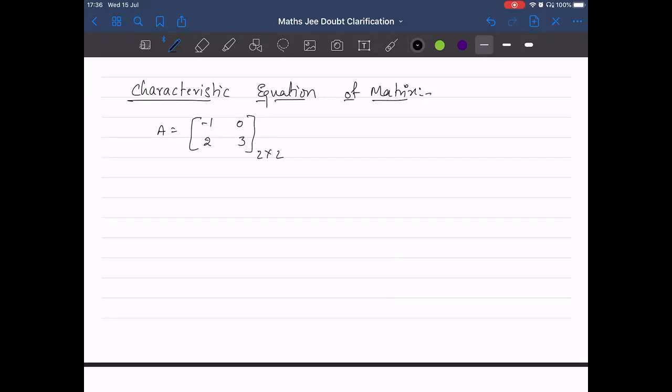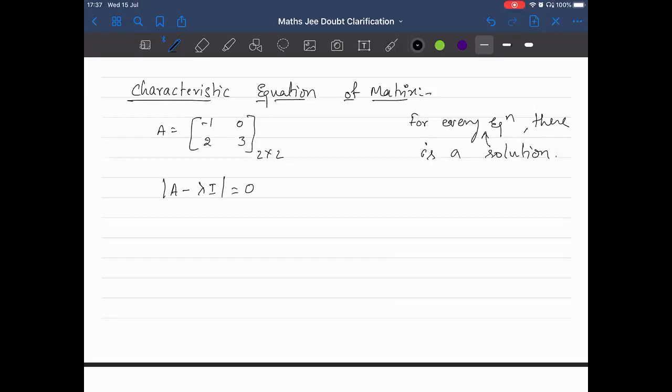For every equation there will be a solution. If you substitute that solution back in the equation, the equation will give the value 0 ultimately. So we are going to write the determinant of A minus lambda I equal to 0.